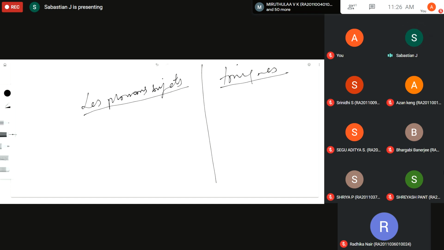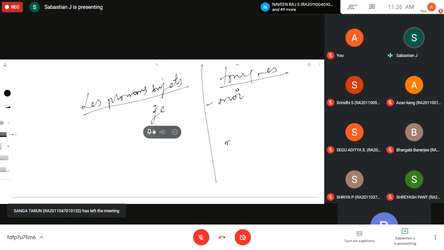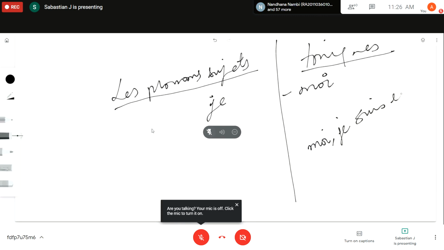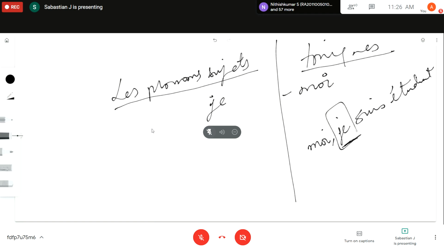So it is stressed based on the subject. For je, it should be moi. Whenever you want to say moi, myself, je suis. So here, based on the subject, this tonic pronoun is used. It doesn't have any particular meaning while translating, but in certain cases, it is mandatory to use these pronouns.